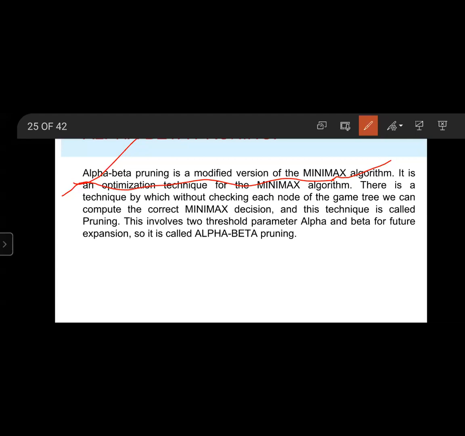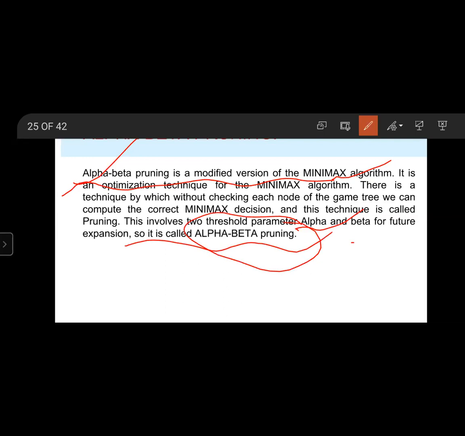This involves two threshold parameters, alpha and beta, for future expansion. So it is called alpha beta pruning. What is alpha beta pruning?